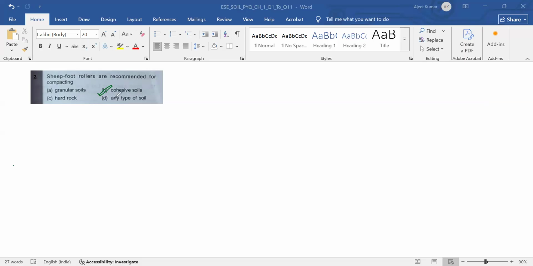Okay. So let me discuss a table for this type of question. And this question is frequently asked in engineering service examination.